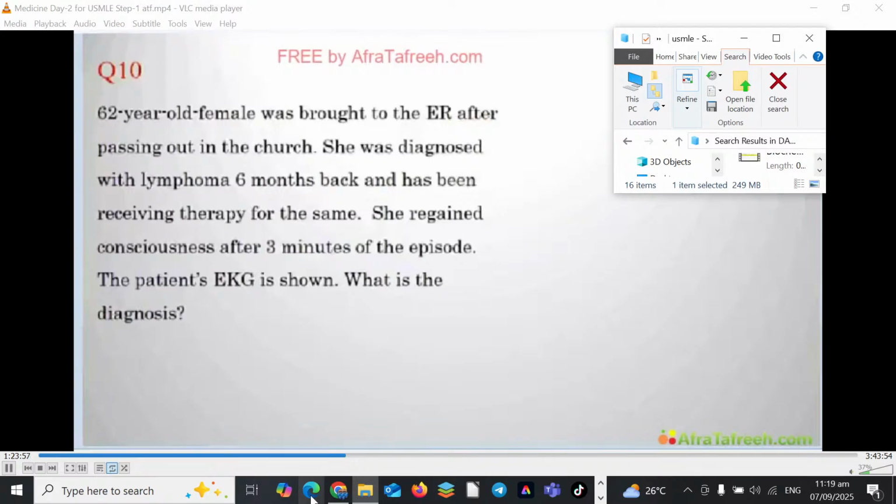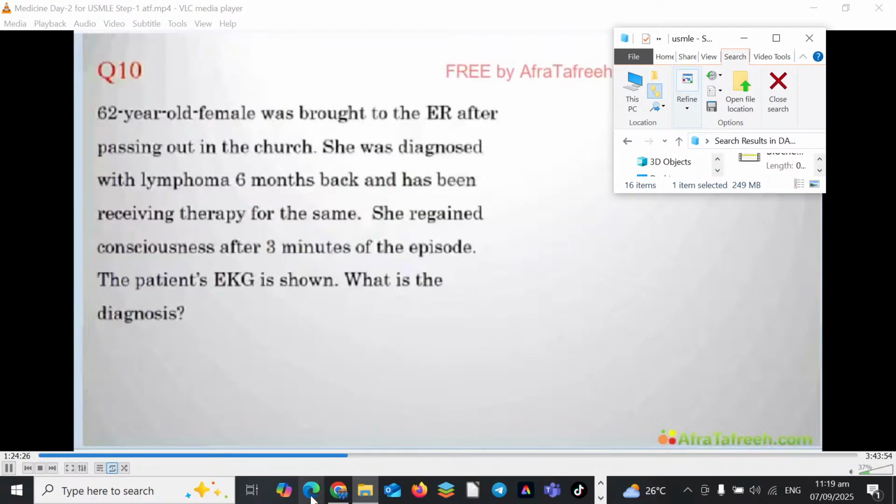If it is a narrow complex tachycardia and you are not sure if this is a P wave or a T wave throughout the picture and the patient is very symptomatic, there are no clinical clues to suggest that this patient might be having an underlying etiology resulting in this problem, always think of a supraventricular tachycardia.